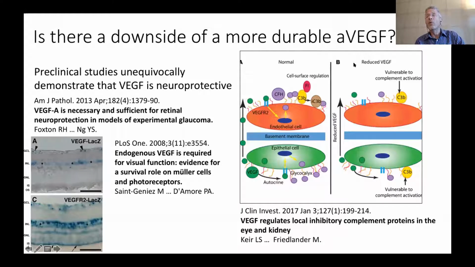If one were to constitutively, or at least long-term, reduce the level of VEGF, that would be expected to cause less production of complement inhibitors, therefore more active complement, and that could lead to the demise of cells by the innate immune system. So one expected or potential undesirable consequence of long-term suppression of VEGF would be vulnerability to complement activation.